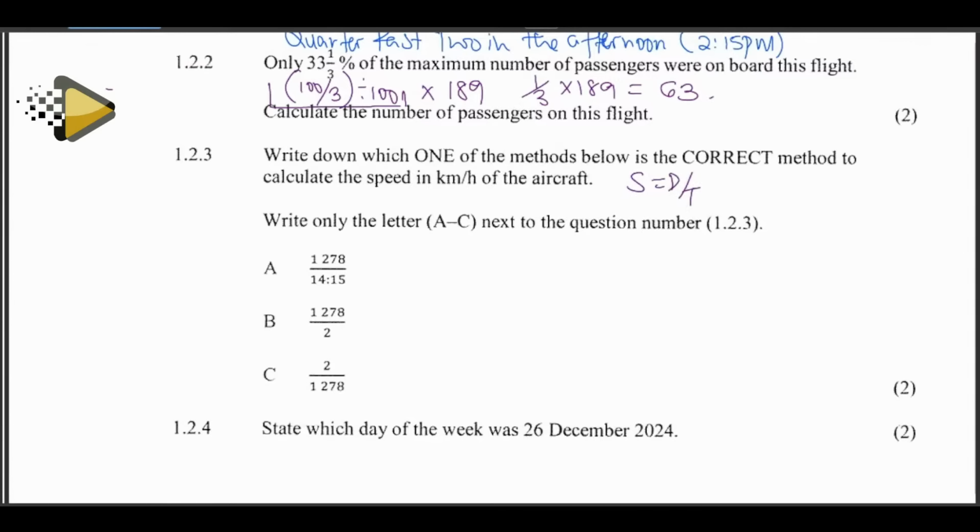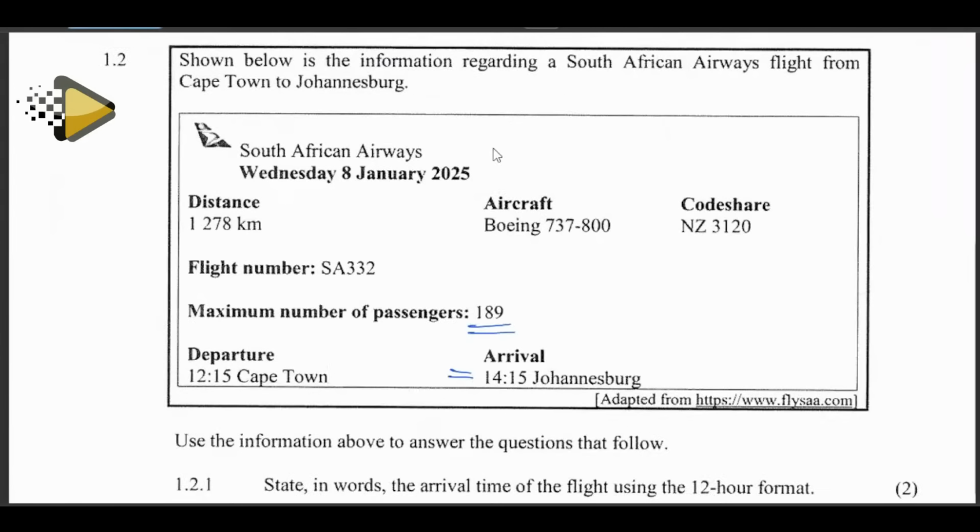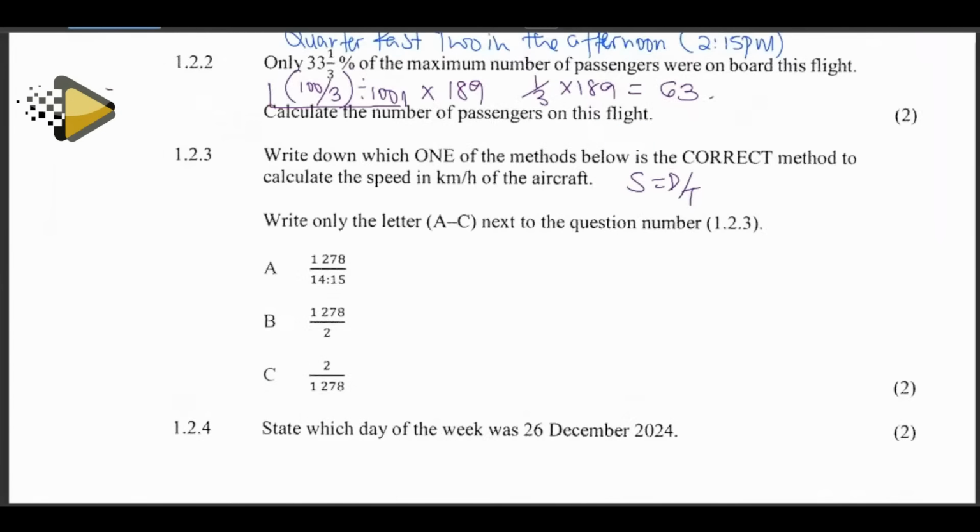So when we go to our form, here, we see what the distance is: 1,278 kilometers divided by time. The time is here from 12 to 2. These are 2 hours. So when you come there you see it's B.